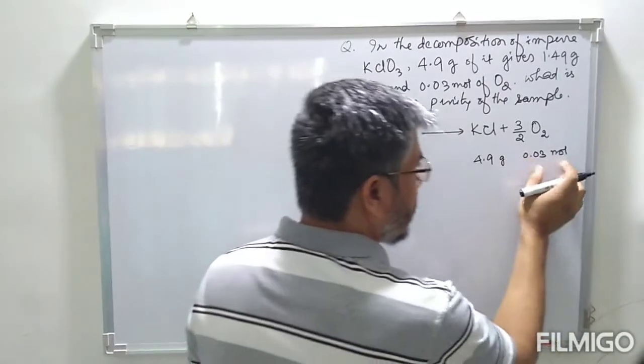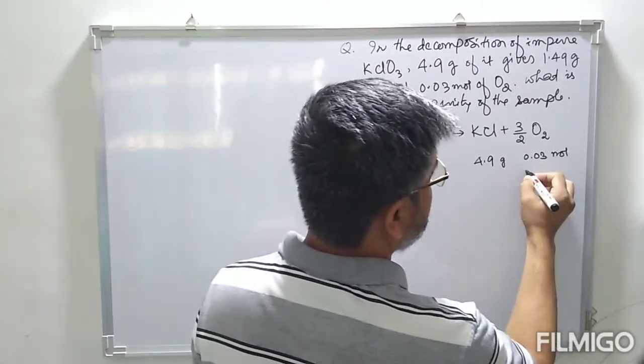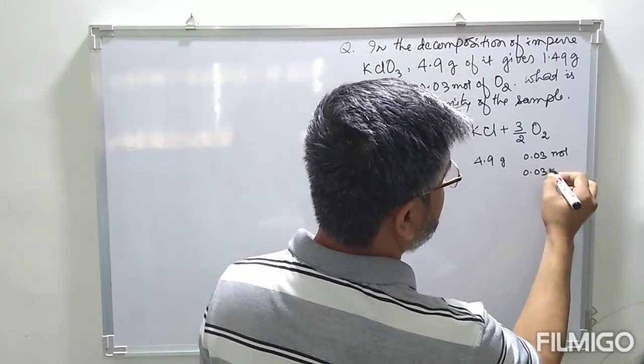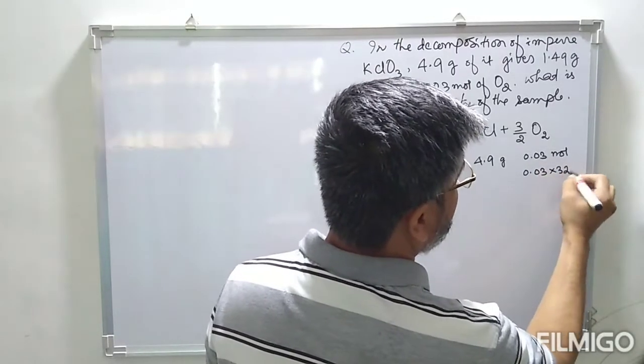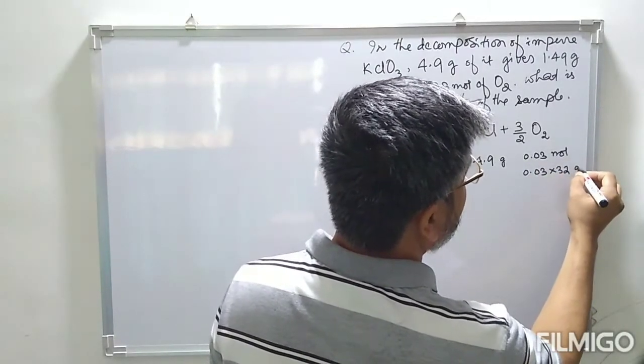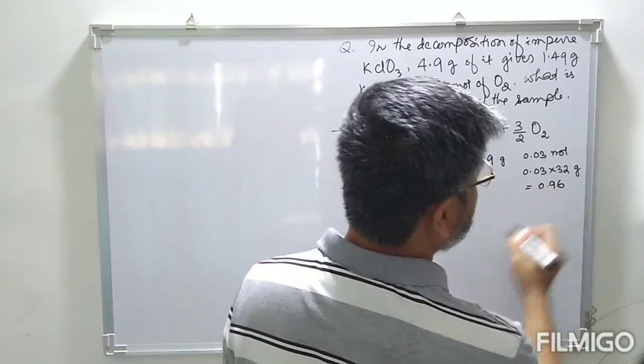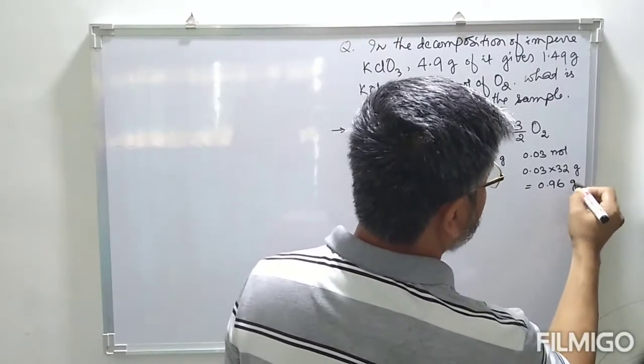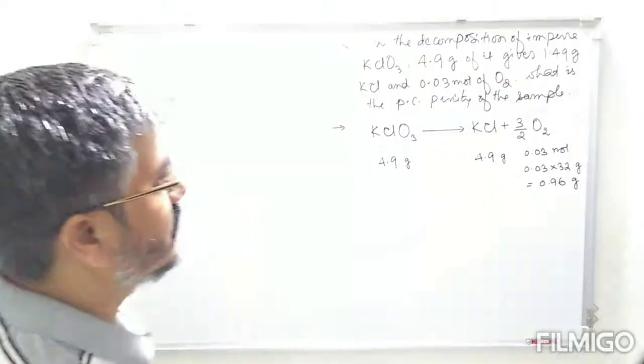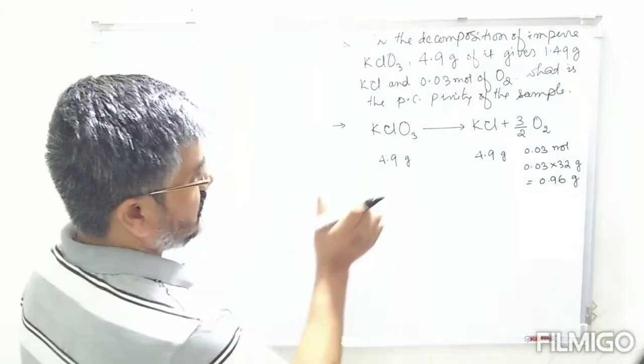So we have to convert this into mass. So this is equal to 0.03 into 32 gram. So this comes out to be 0.96 gram.